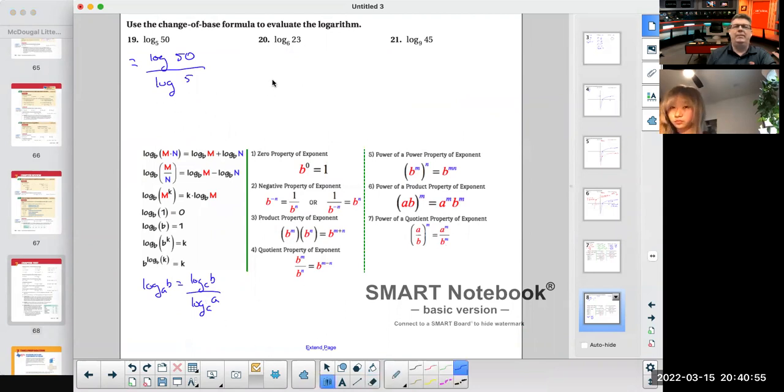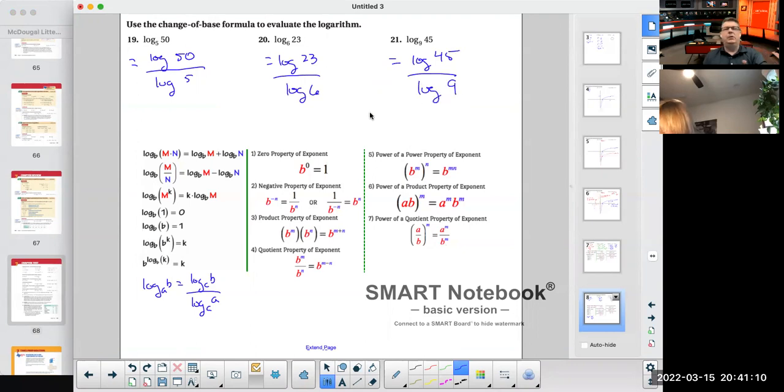So they both have a base of 10, right? So log of 23 divided by log of 6, whatever the decimal is. Log of 45 divided by log of 9. They're assuming that you don't have a way to change the base on your calculator, and it just depends on what calculator you have.